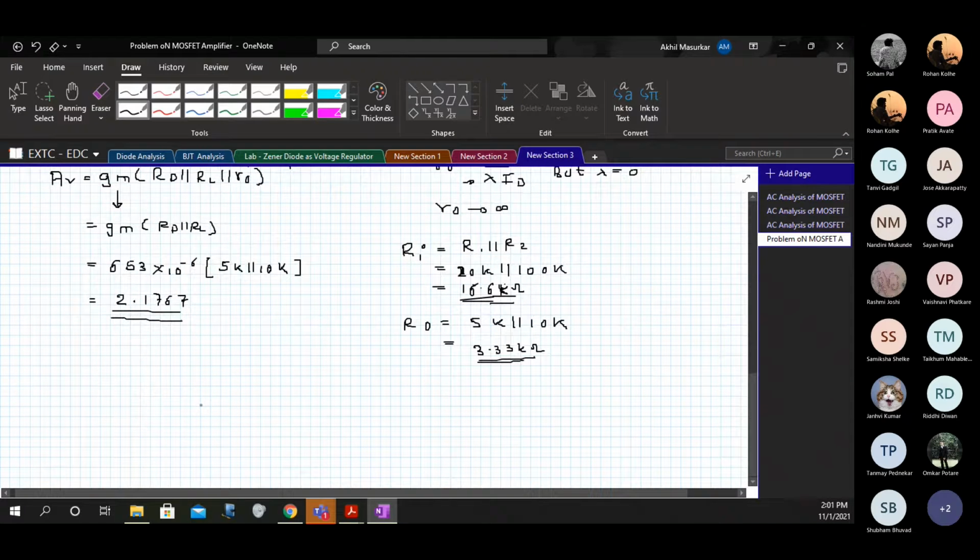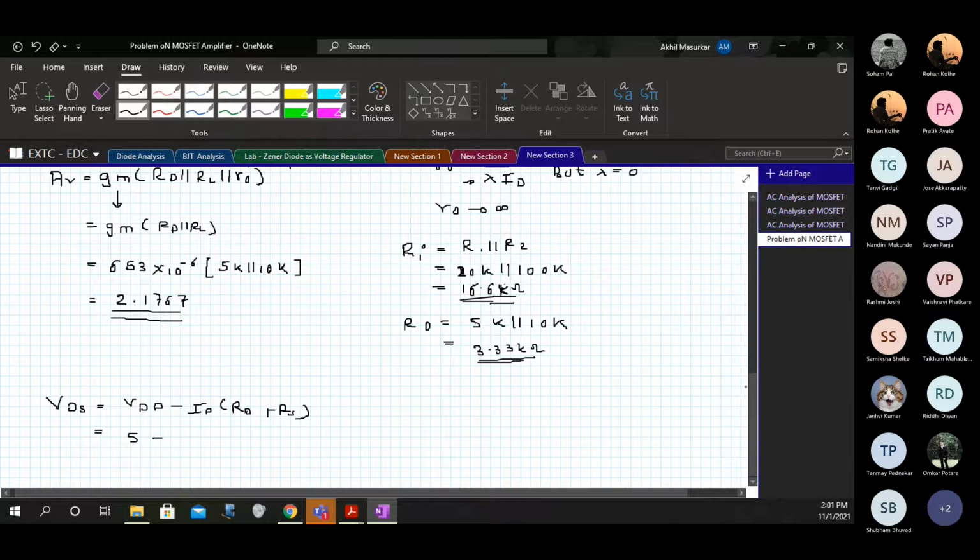By the way, what is the value of VDS? VDS is equal to VDD minus ID into (RD plus RS). So that is 5 minus ID, which is given to us.